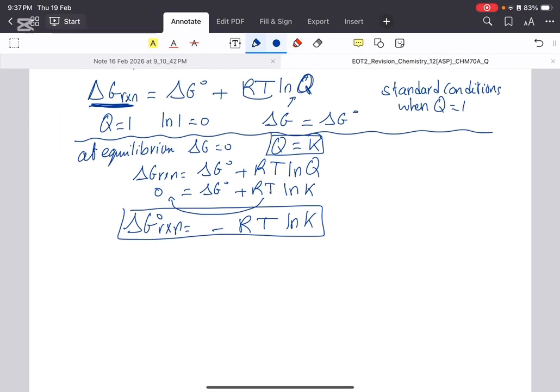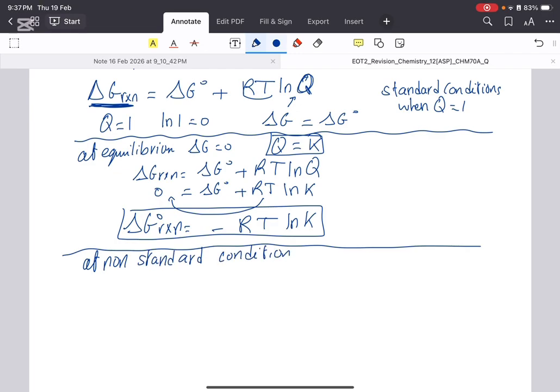Now, under non-standard conditions, delta G is not equal to delta G standard. Therefore, the reaction direction depends on Q compared to K. So if Q is less than K, the reaction is gonna proceed toward equilibrium, it has not yet reached equilibrium.